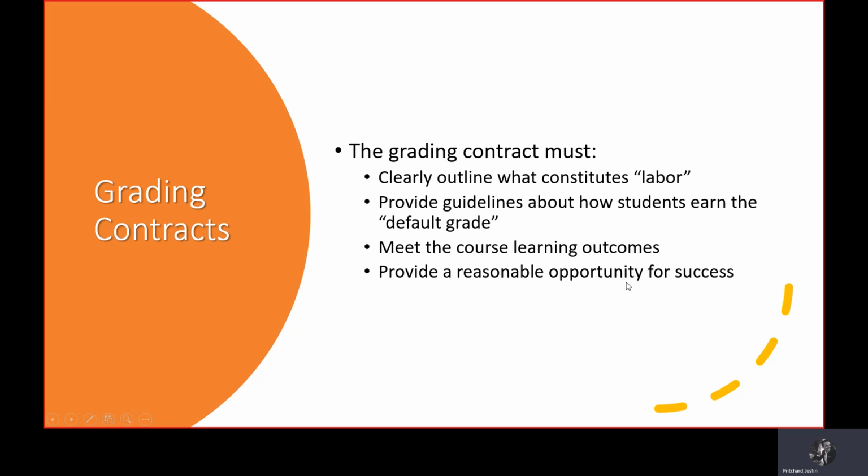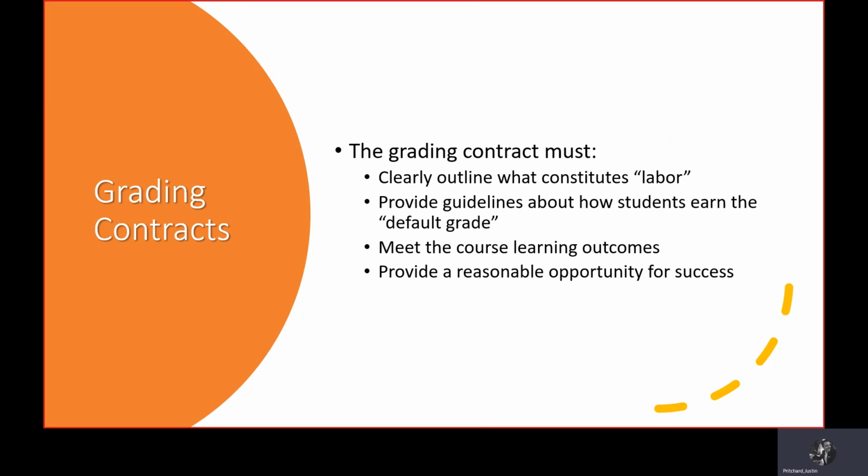And so when we begin thinking about our grading contract, we need to think about what constitutes labor in our class. So do we want to prioritize specific things, specific ideas? We want to think about how students are going to earn the default grade. We want to think about the course learning outcomes, which is why we're all here.